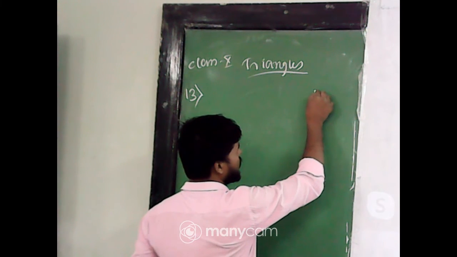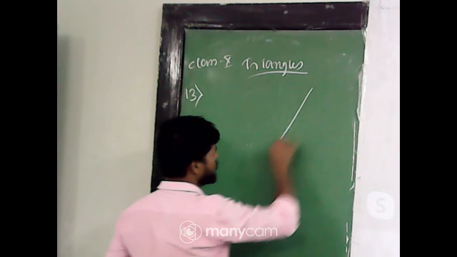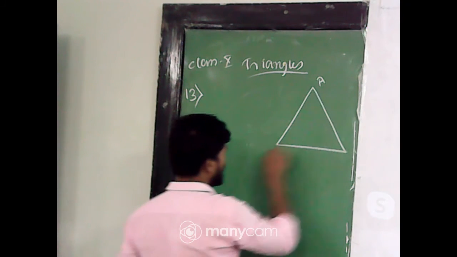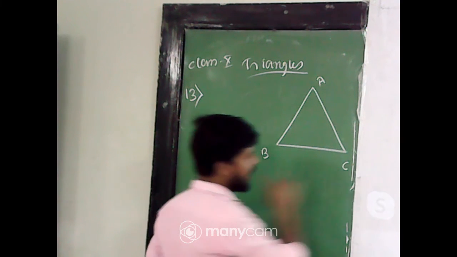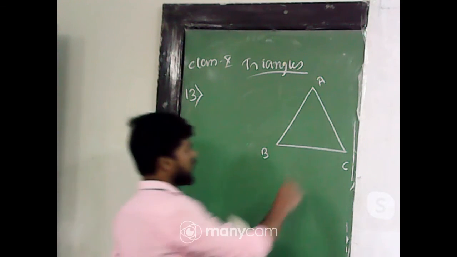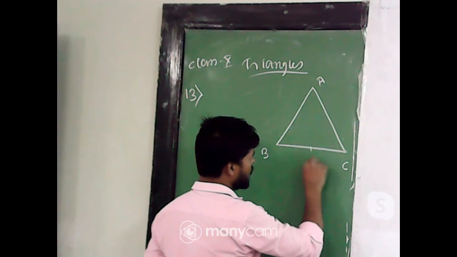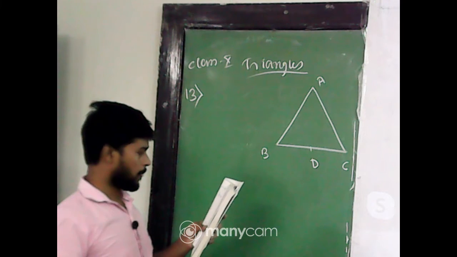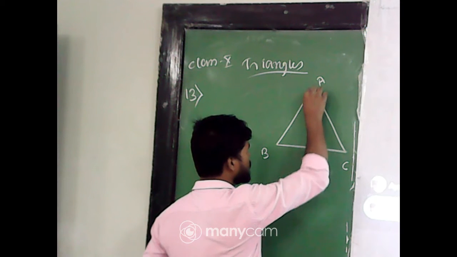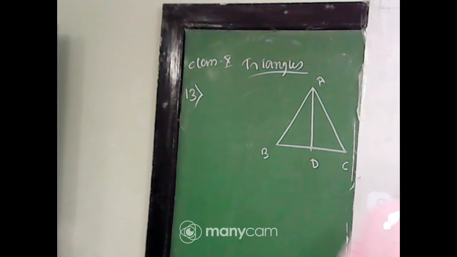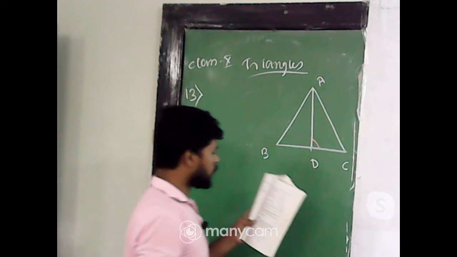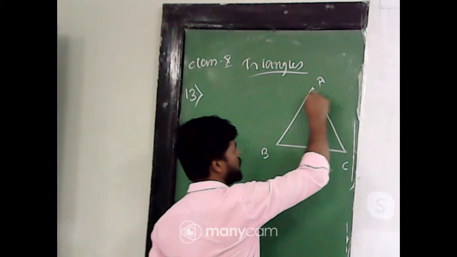So, draw a triangle, let the name of the triangle be A, B and C, and D is a point on the side BC, such that angle ADC is equal to angle BAC.